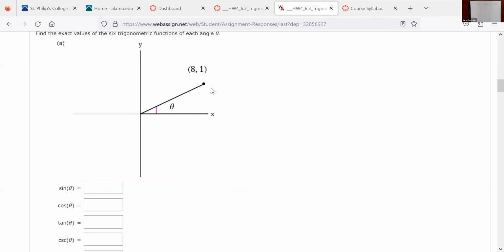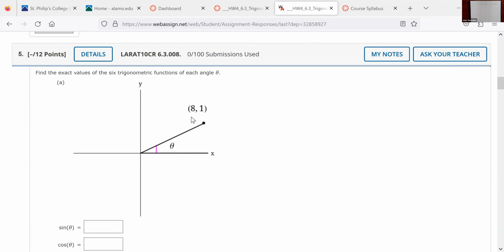So I need to find the radius, which is the hypotenuse. Okay. So given a point, so number 5. Eight comma 1.